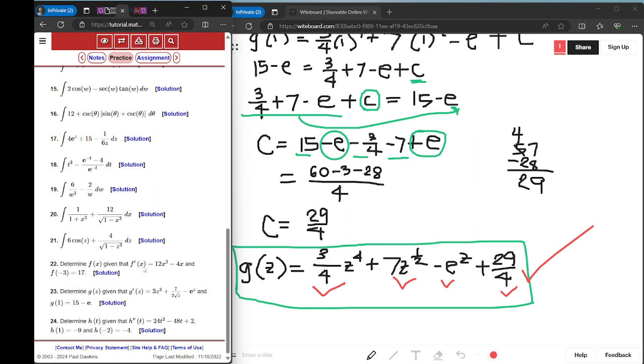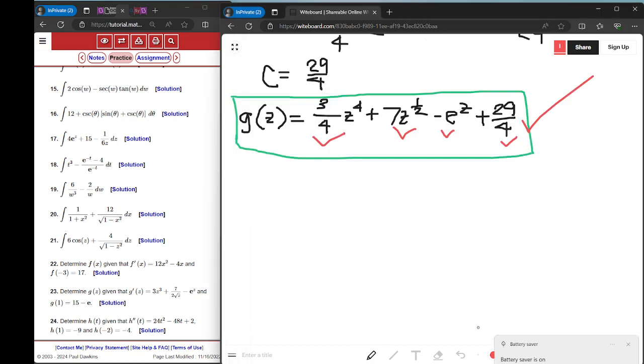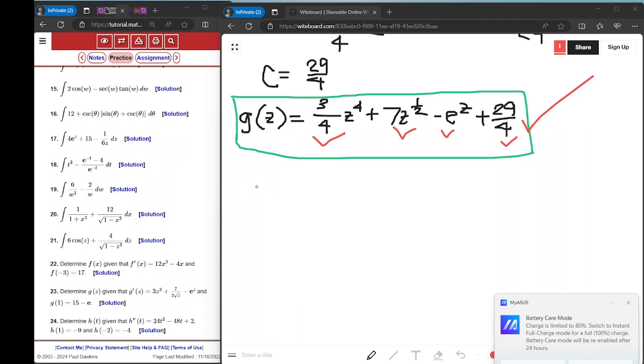So I believe you can answer 24. Let's check. It's actually a double integral. Since it's double differentiation, we need to integrate it twice. It's a longer process because we need to integrate twice.